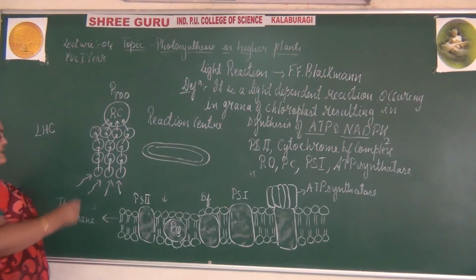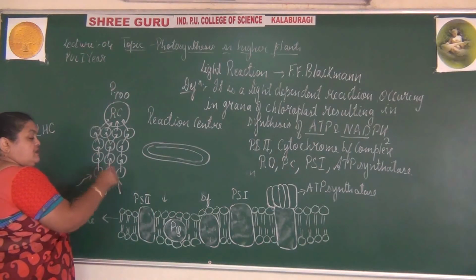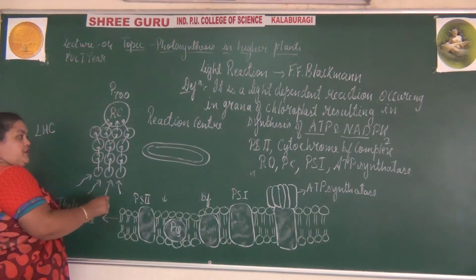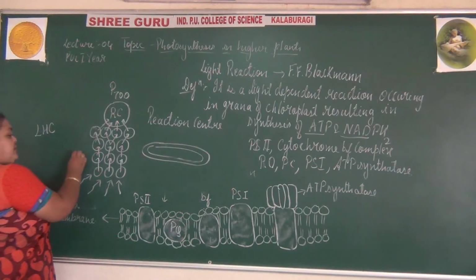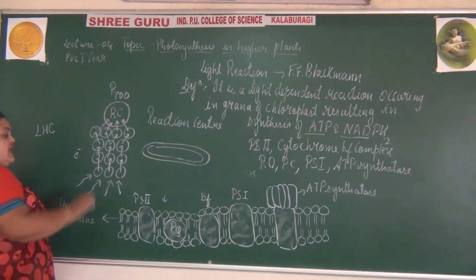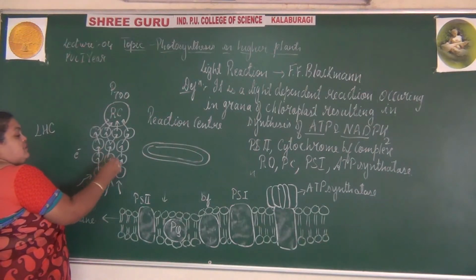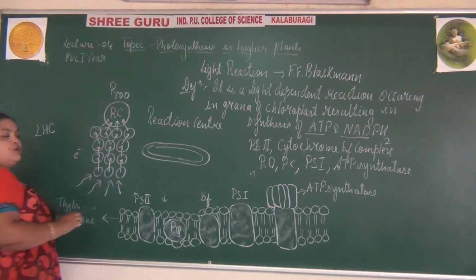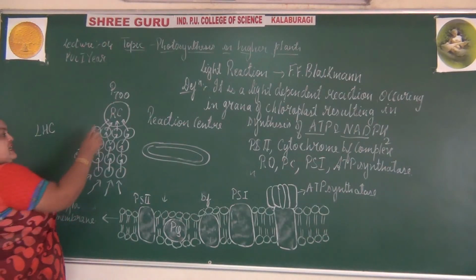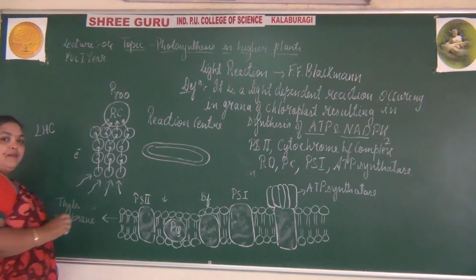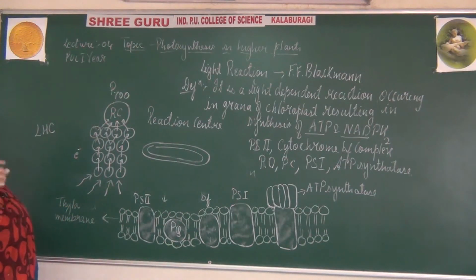So when light falls on the pigment molecules, they get photoexcited and start to emit electrons. These electrons move from one pigment molecule to another and ultimately reach the common center, and that common center is called the reaction center or the photosystem.